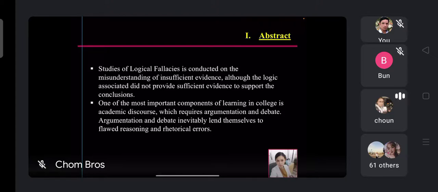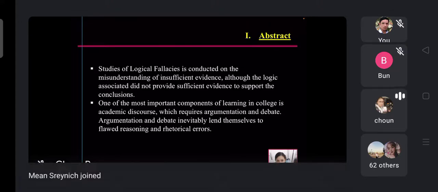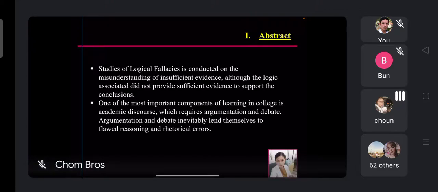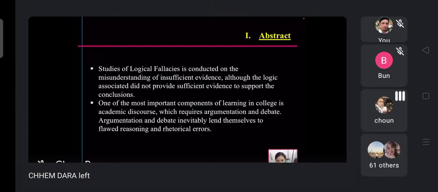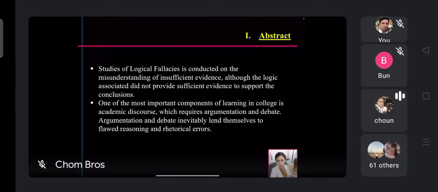Now in this chapter we discuss fallacies of insufficient evidence, mistakes in reasoning in which the premises, though relevant to the conclusion, fail to provide sufficient evidence for it. And we study logical fallacies that arise from misunderstanding insufficient evidence.